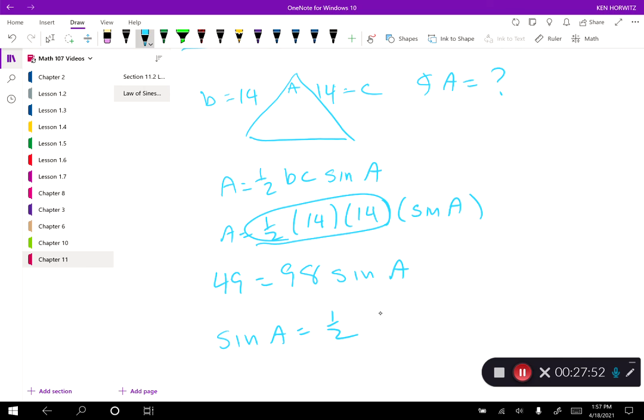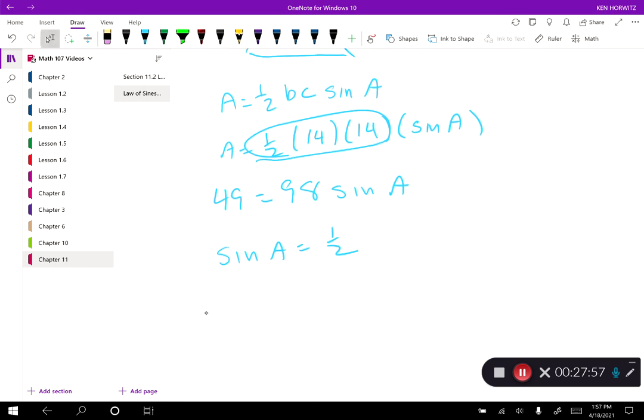And where on your unit circle does the sine of A equal 1/2? Angle A equals, most definitely, 30 degrees. So again, we're using the same formula. I'm providing slightly different information in order to get at one of the other letters in our formula.